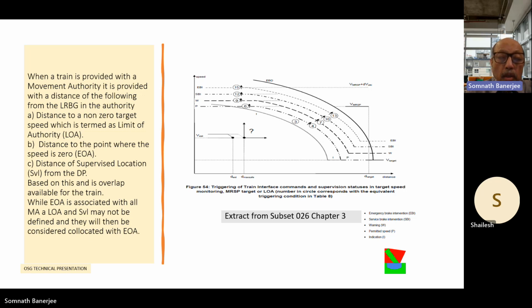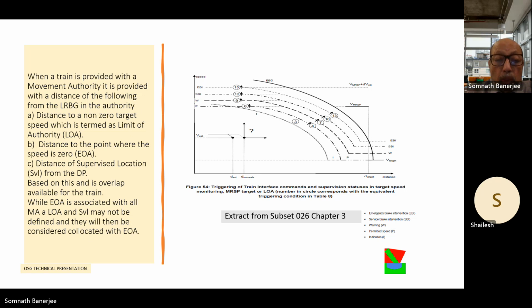So, a train generally monitors a few speeds. The onboard system continues to monitor a set of speeds which will ensure that the target points are easily achieved.